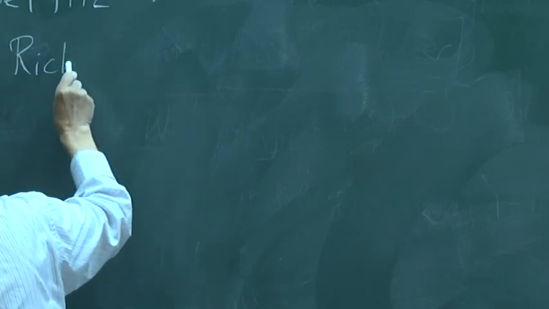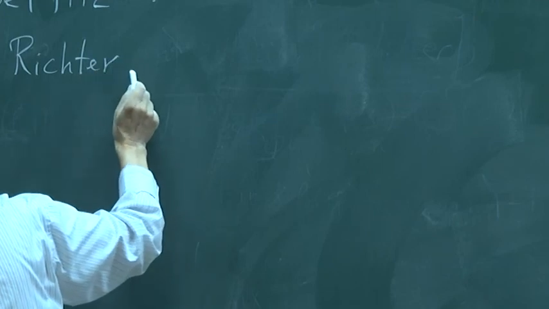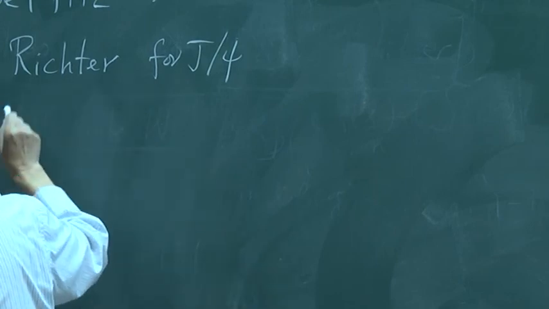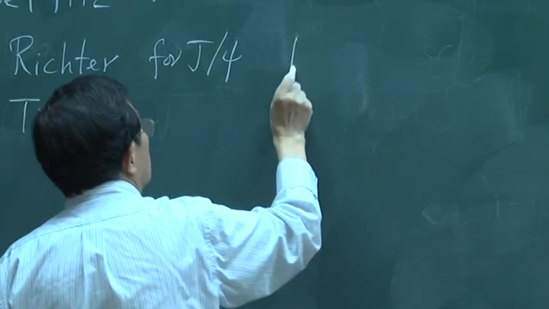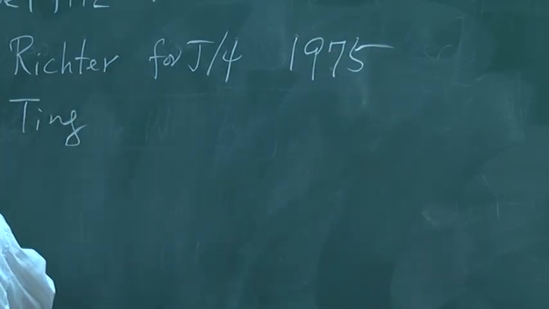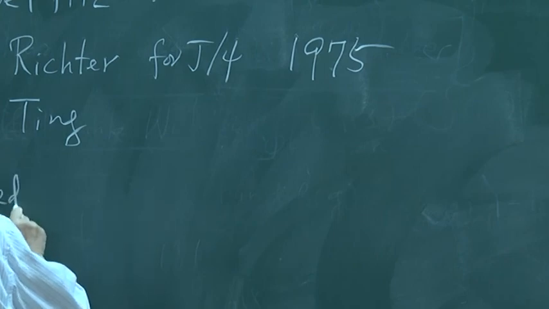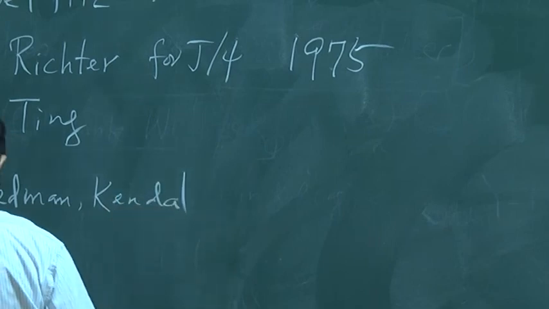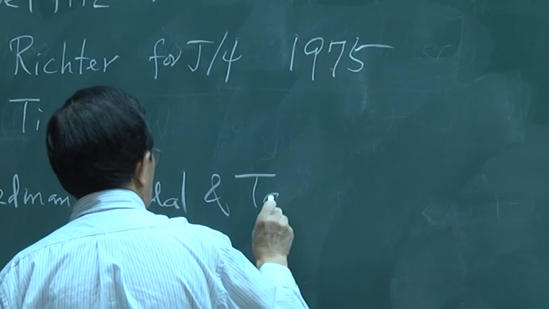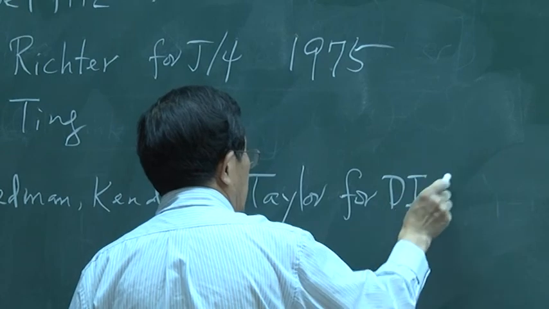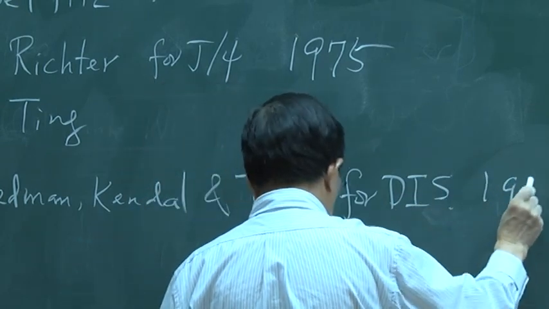Of course, the first one was Victor for the team, in 1974. Then Friedman, Kendall, and Taylor for deep inelastic electron scattering in 1990.